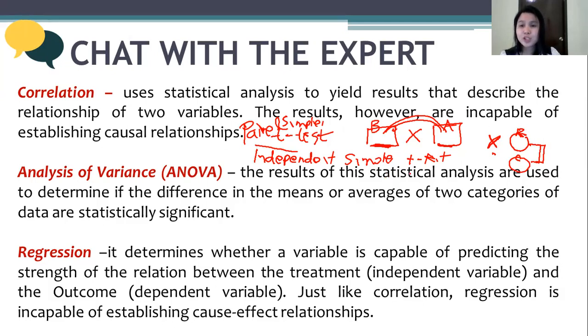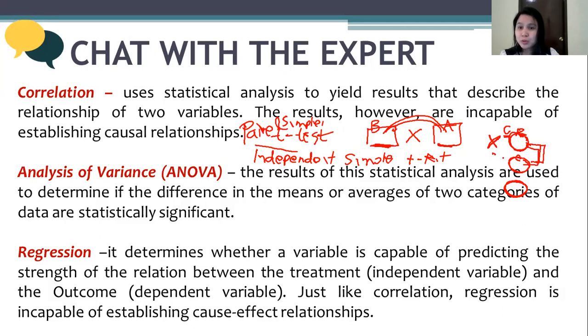Or for reading comprehension, reading comprehension of group 1 while listening to classical music, and reading comprehension of group 2 while reading without any music. Compare the two. That's independent samples t-test. When will we use Anova? When there are more than two groups. Example, let's add another group. Group 1 is reading comprehension while listening to classical music.